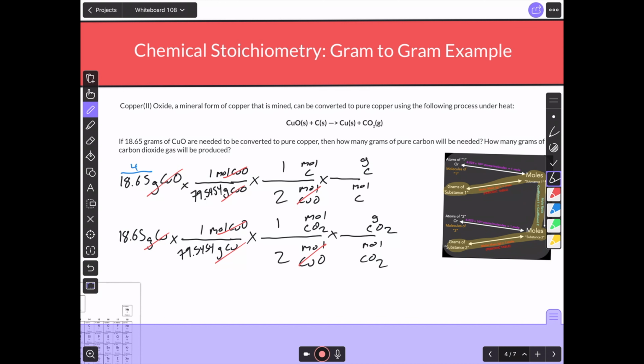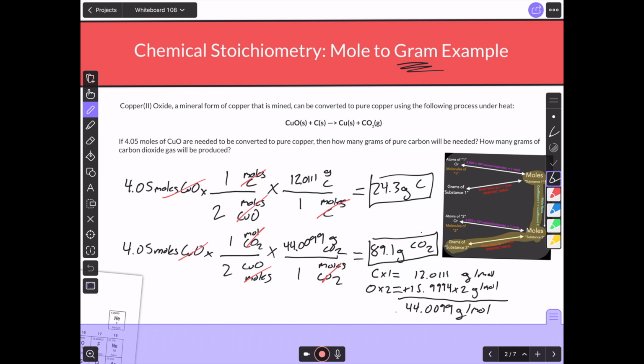Does this look familiar? Well, it should, because this is the same thing we did 2 problems back. Right here, in this step, right? This was the mole to gram step, right? So we need 12.011. Our atomic mass is our conversion factor for carbon, and we need 44.0099 for CO2.